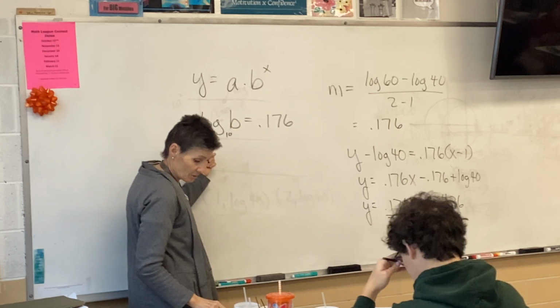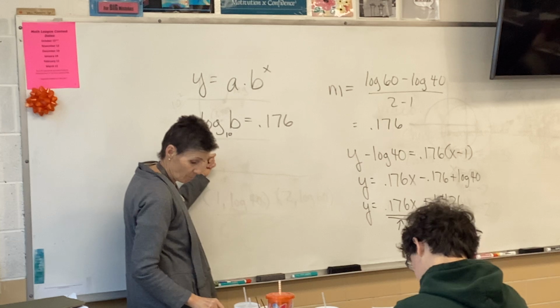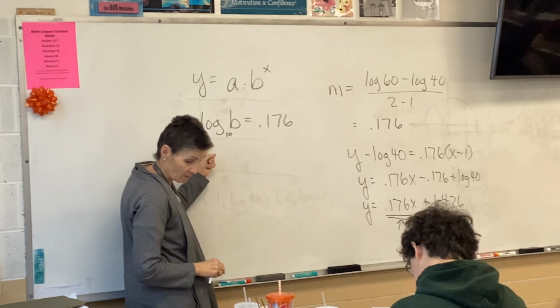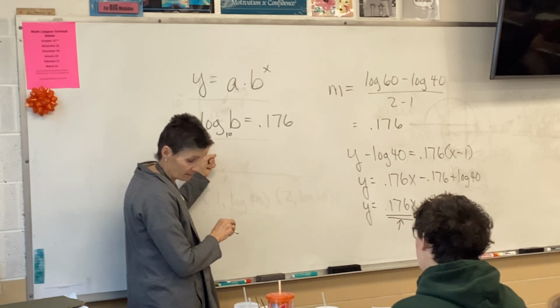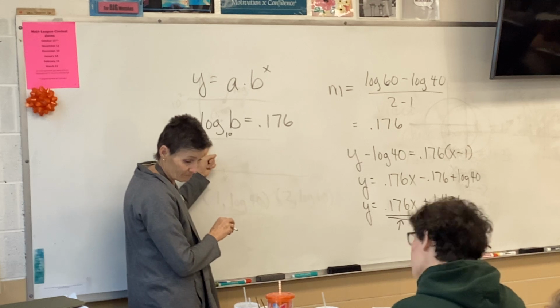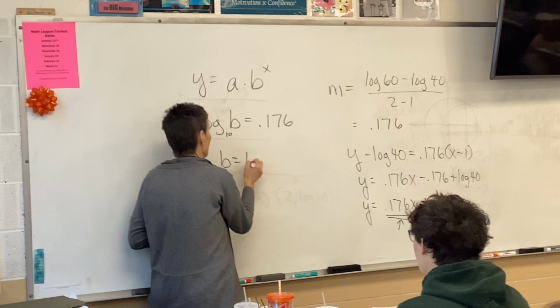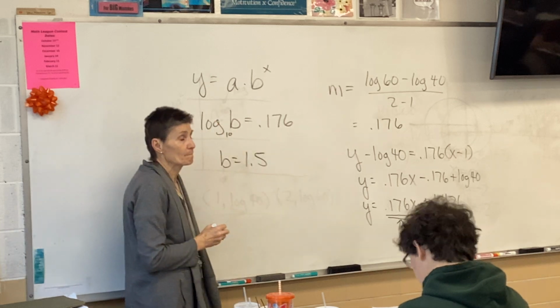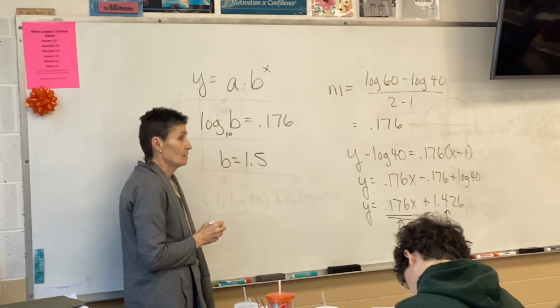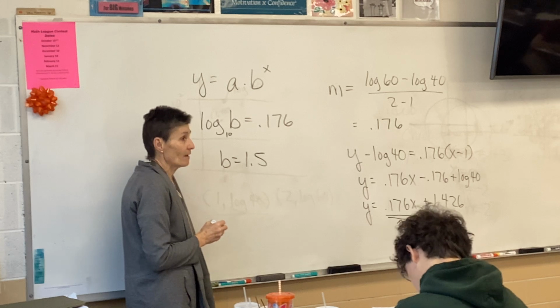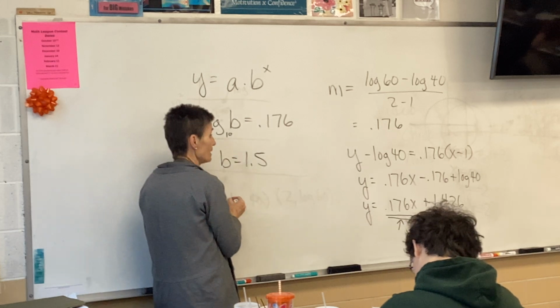So 10 raised to the 0.176 power, basically 1.5. It's 1.4996, so I'm gonna say basically 1.5. And then, that's my B, how do I find my A?